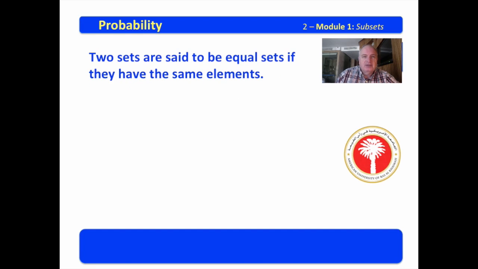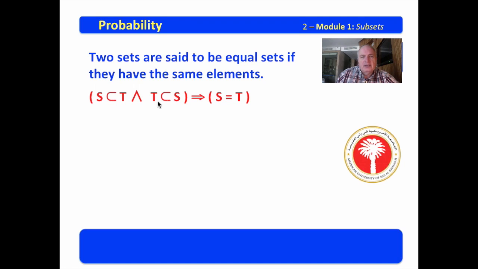That's pretty impressive. Now, two sets are said to be equal sets if they have the same elements. And the way you would write that symbolically, S is a subset of T, and T is a subset of S. So if S is a subset of T and T is a subset of S, then that implies that S equals T. Two sets are equal if they have the same elements.